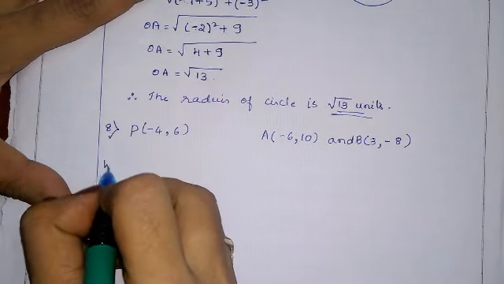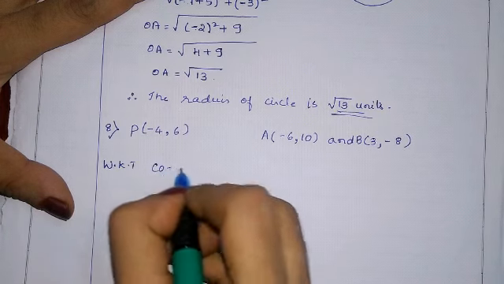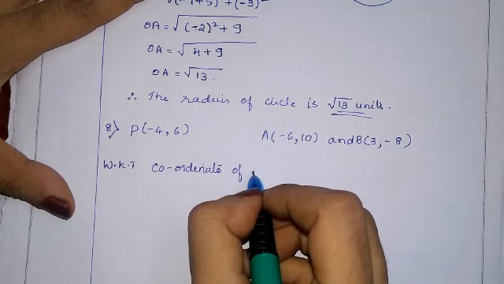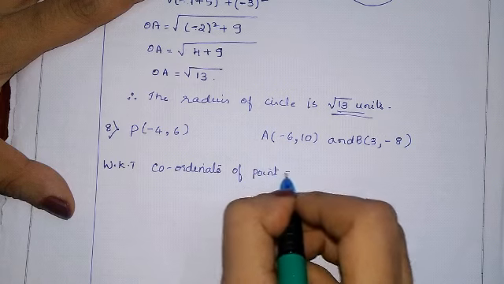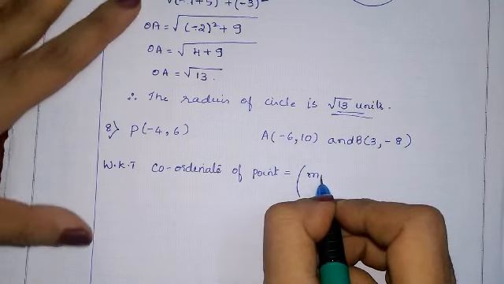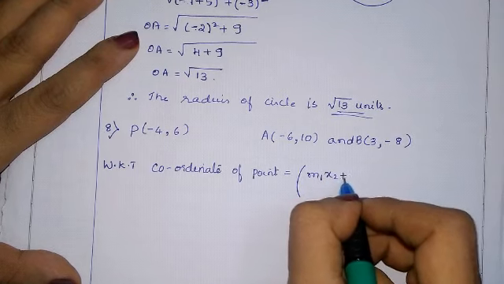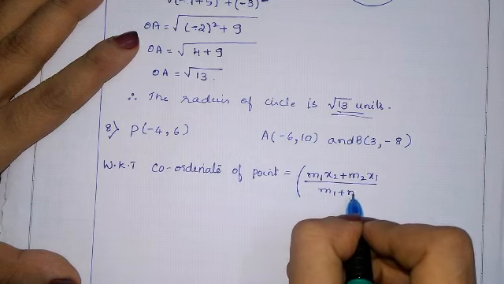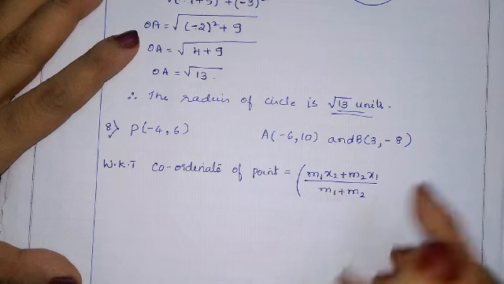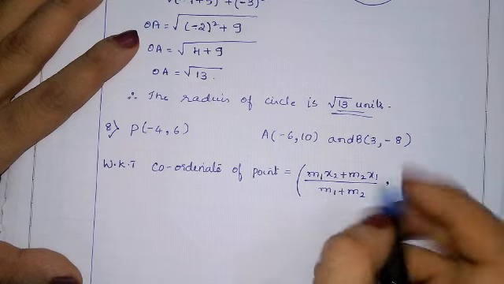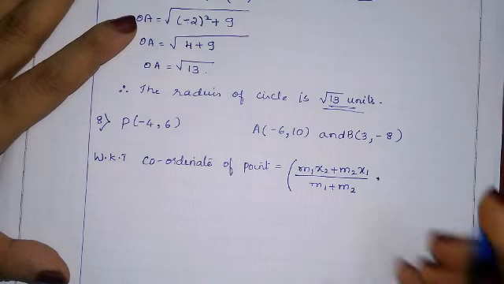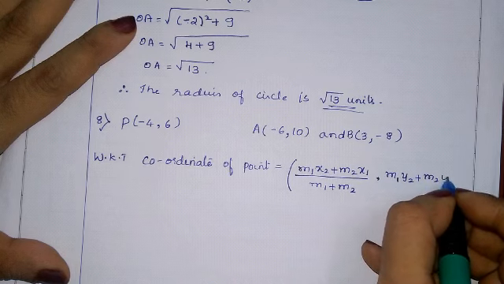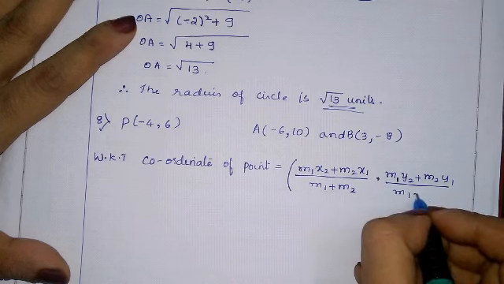We know that the coordinate of the point is equal to (m1 x2 plus m2 x1) upon (m1 plus m2), and (m1 y2 plus m2 y1) upon (m1 plus m2).